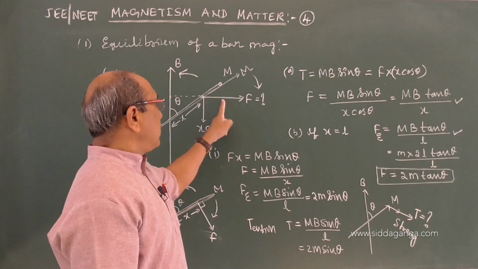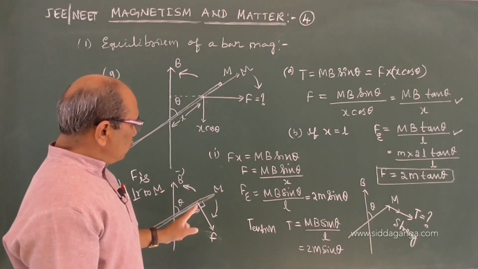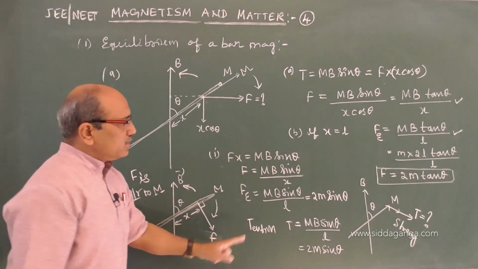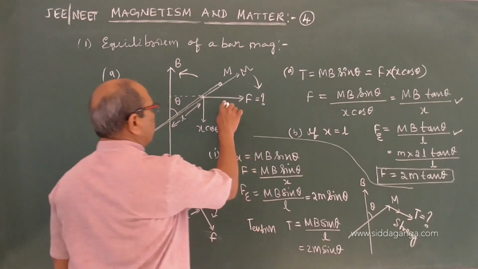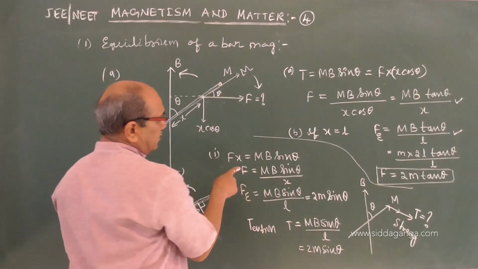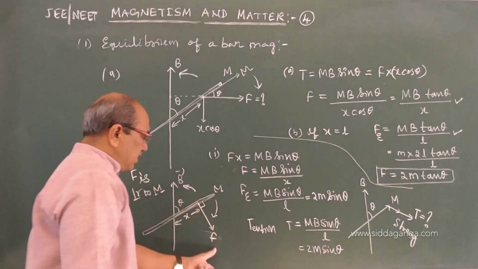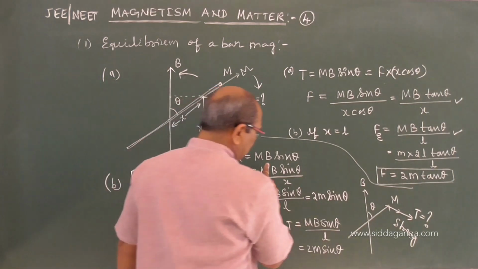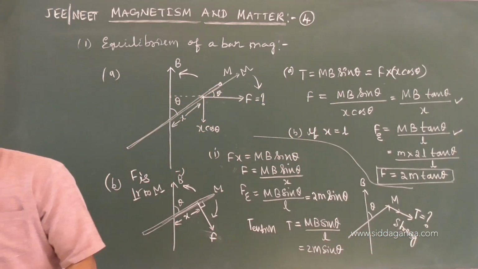The force may be other than normal to the moment. If it is normal to the moment, then this is the equation. Otherwise it makes some angle with respect to the moment. But in this case, we have taken it as perpendicular, and the same relation holds good for the tension in a string.